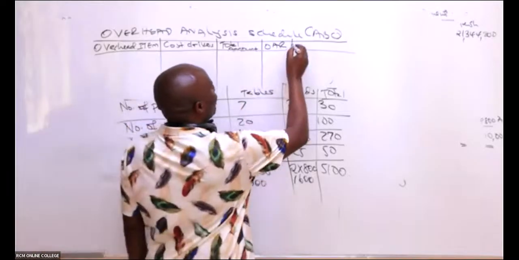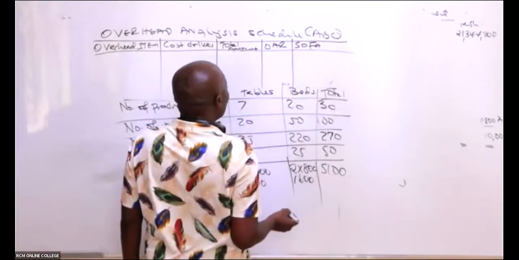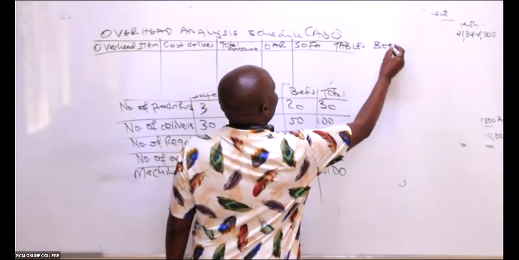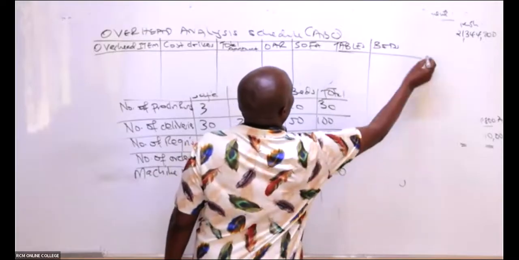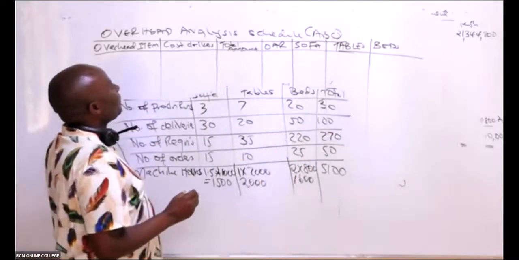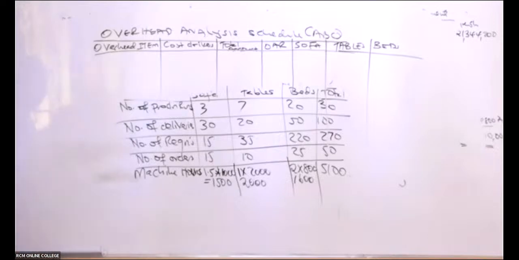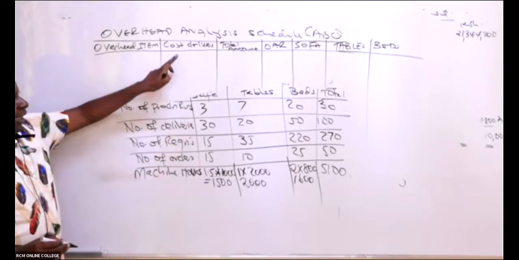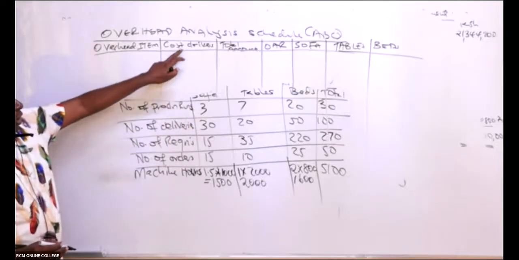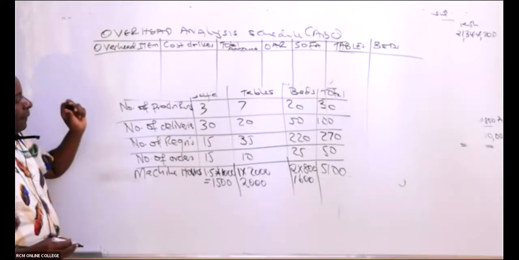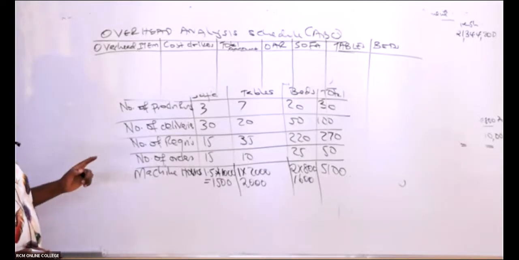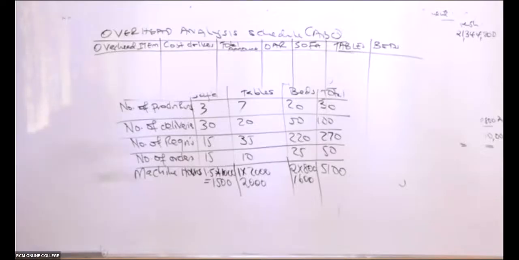So we have tables, we have beds, like that. So overhead item, the cost driver to connect this table and this one, it will be very, very important for you to have cost drivers. Total amount, overhead absorption rate, so first tables, beds, like that.